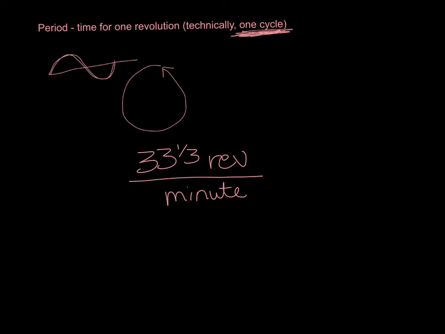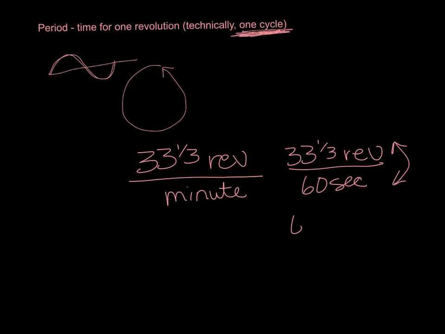If we are doing 33 1/3 revolutions per minute, okay? That means we're doing 33 1/3 revolutions in a minute. 33 1/3 revolutions in 60 seconds. If we want to know how long one revolution is, we would just flip this over.